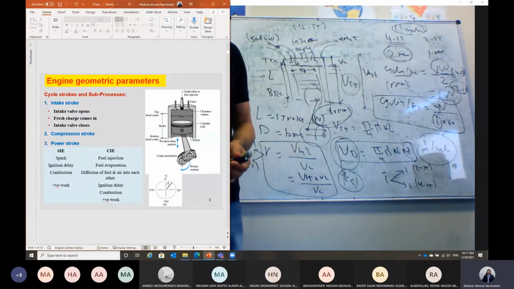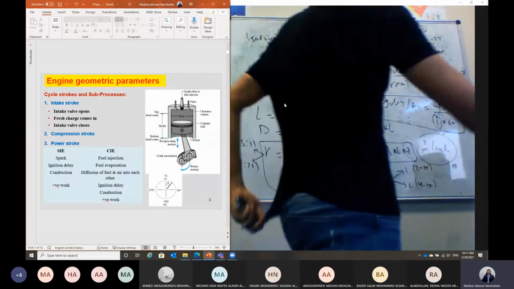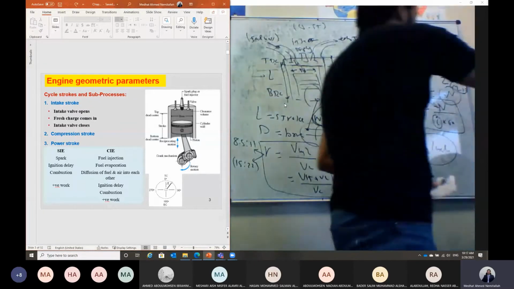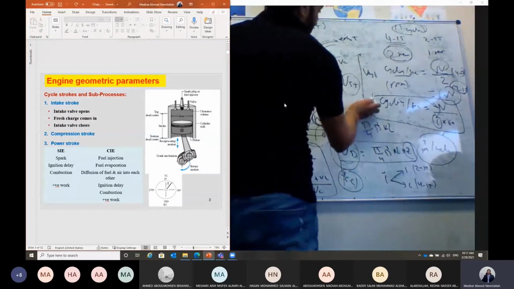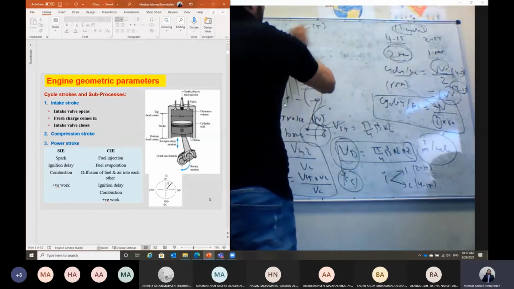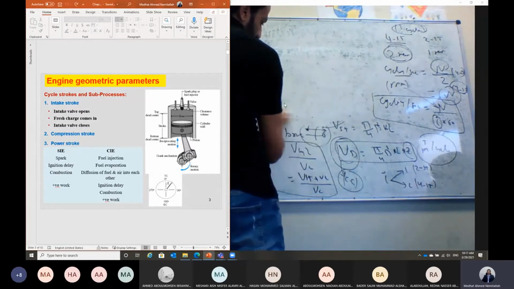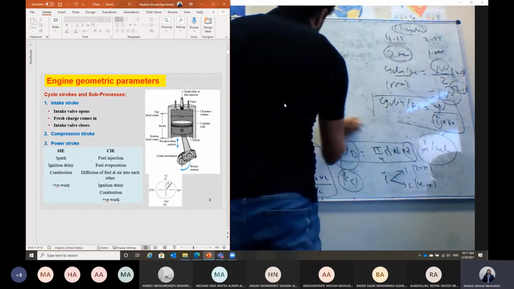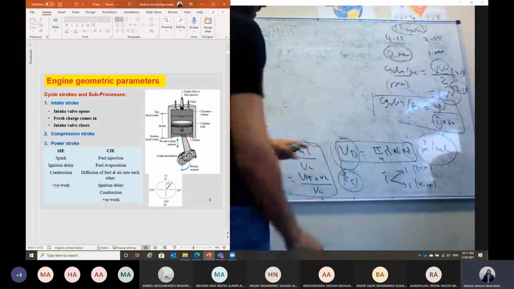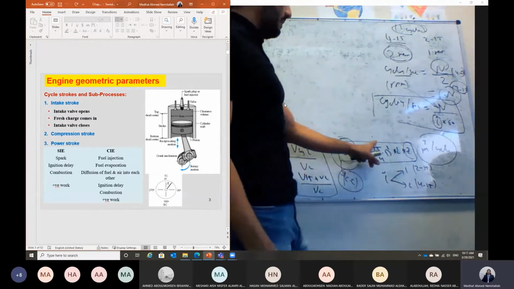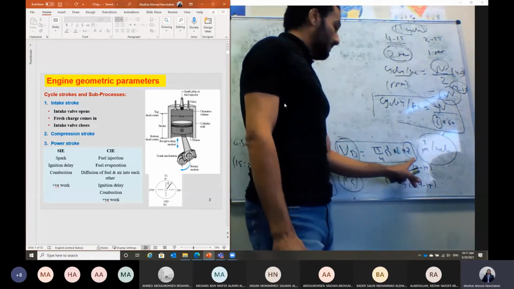Okay, and based on this, as we have calculated the number of cycles per second of the engine in terms of the engine RPM, then we can calculate the volumetric flow rate of air per second, not per cycle. So we have the displacement volume pi over 4 d square L multiplied by z.